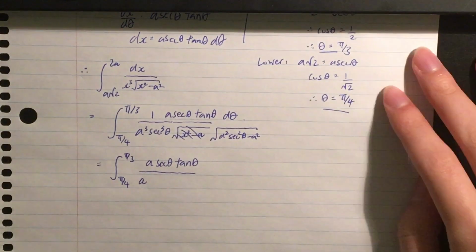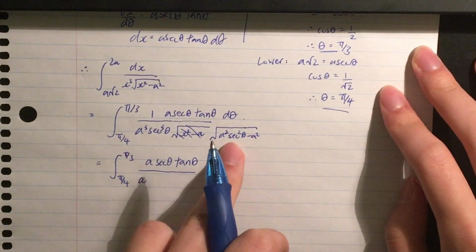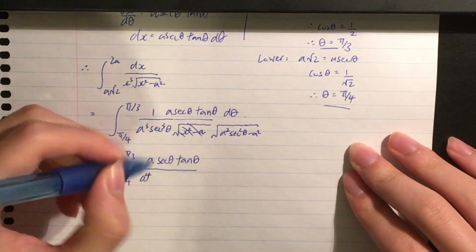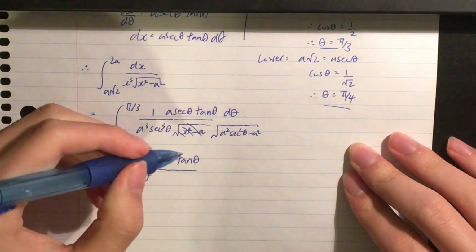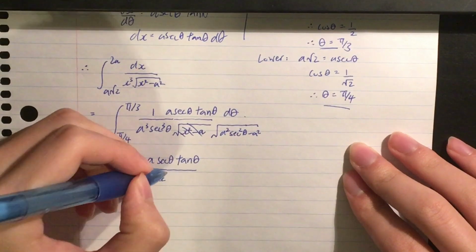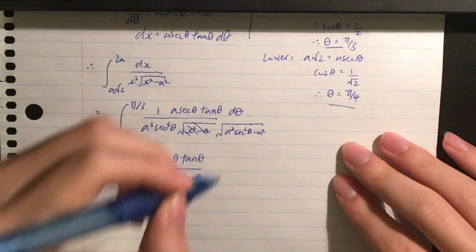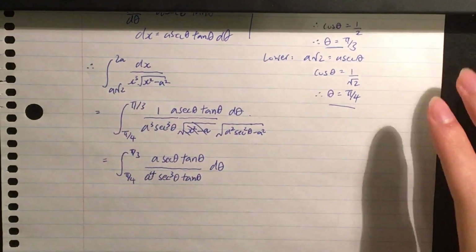Now we're going to combine the a cubed and the a here. So that becomes a to the 4th power. And we have secant cubed still, and we have our tangent theta and d theta.